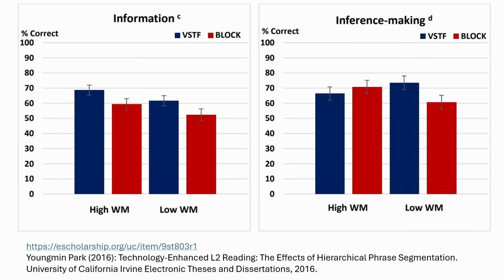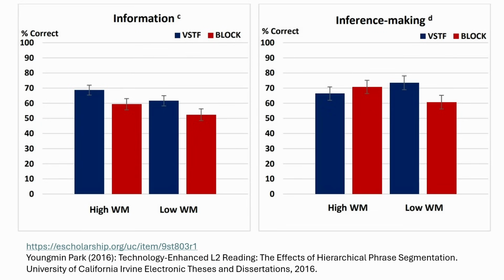Another study done in college students was in Korea in students who were taking English as a second language. The investigator did a baseline test of working memory using working memory measures that are independent of reading.